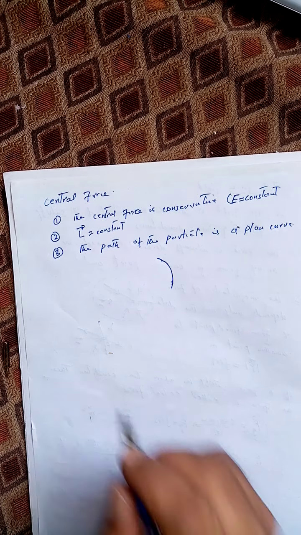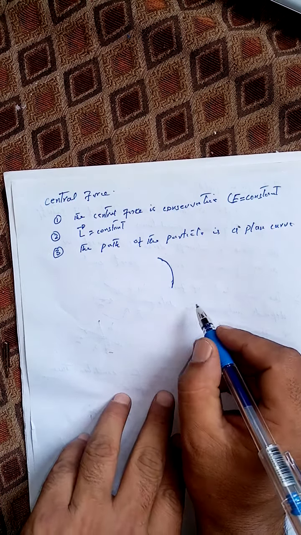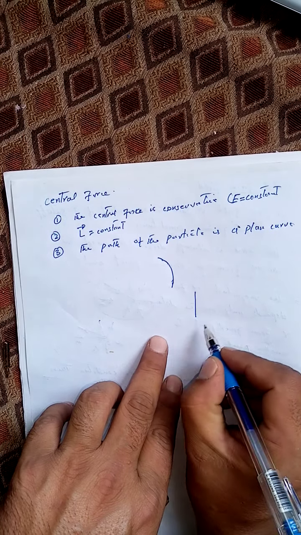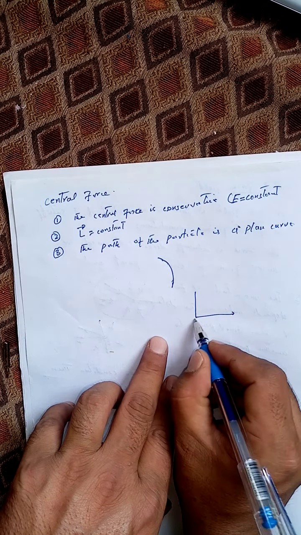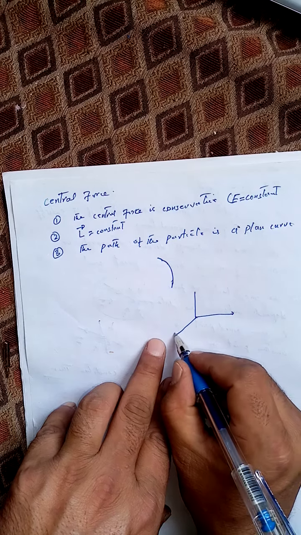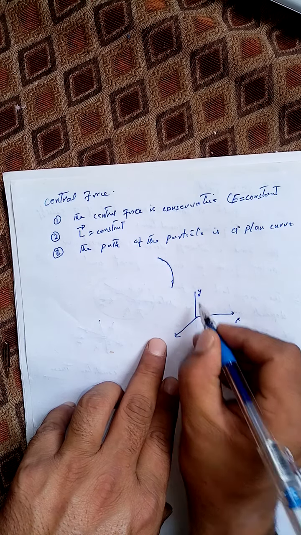if a body moves in a 3D space, suppose we have a Cartesian coordinate system x, y and z.